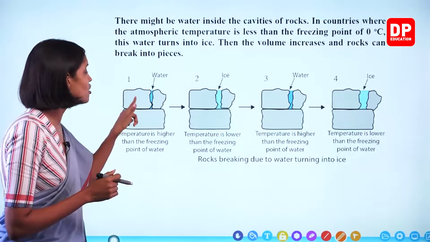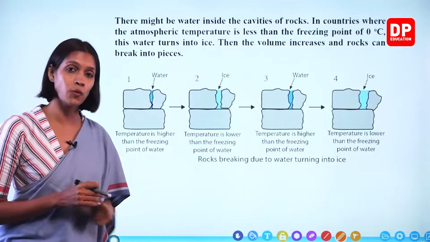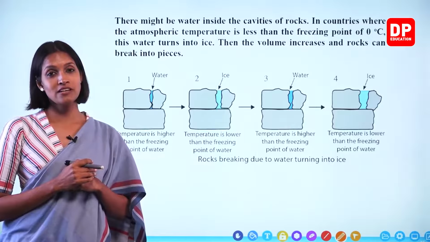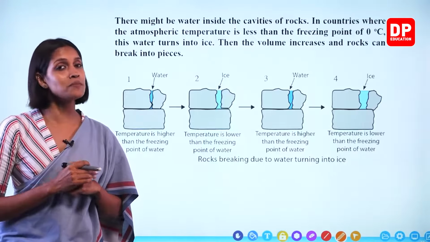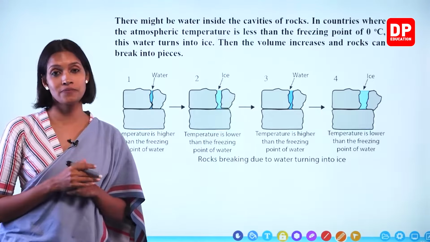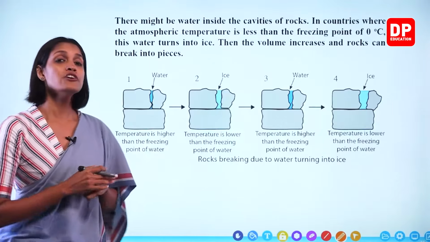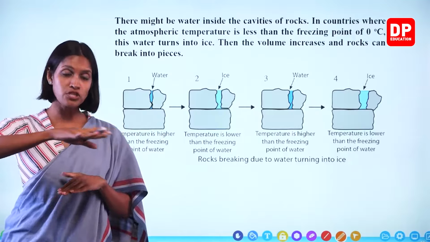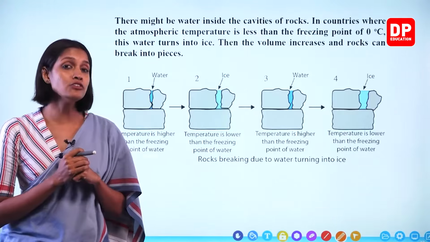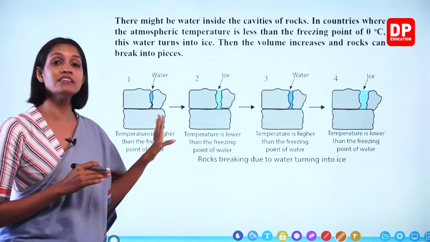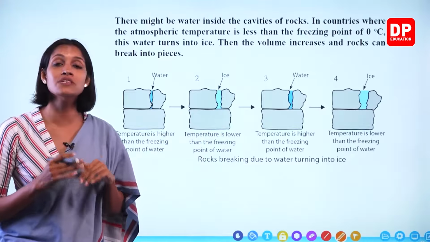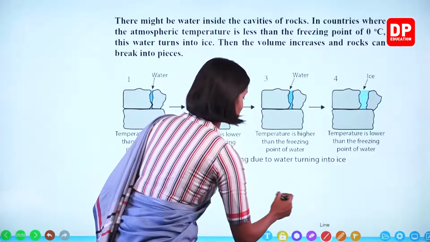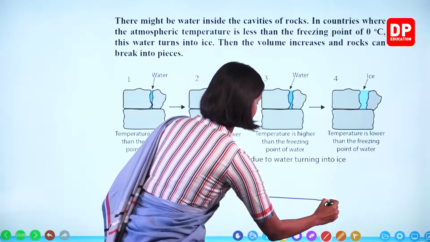You can easily observe this even at home. You can take a plastic cup, or even an ice tray. You have to completely fill the ice tray with water up to the top. And then you place it in the freezer and observe what happens. Let's consider this is your ice tray.